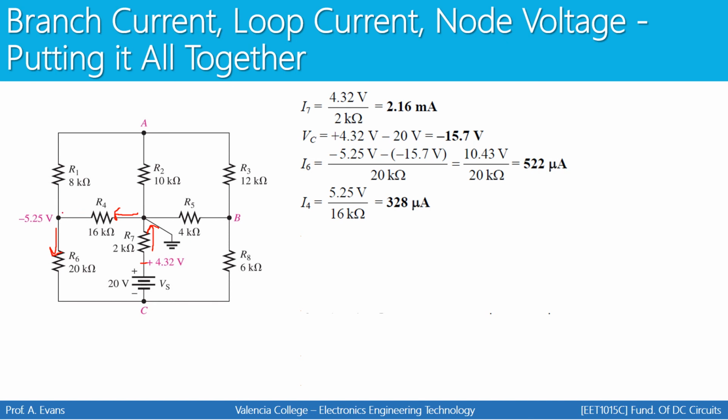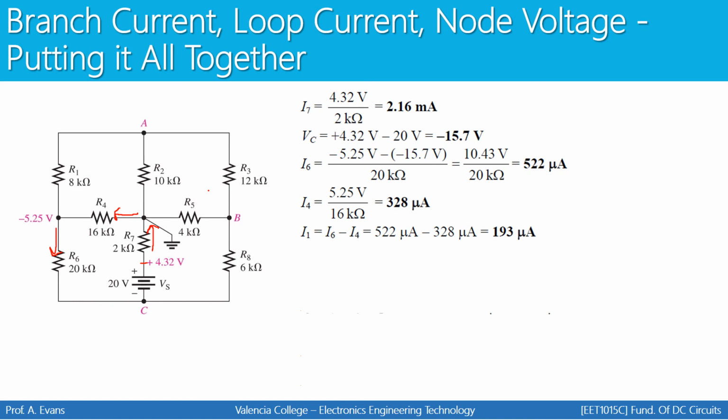Again, you could have just as easily decided to do the current this way as your initial assumption. Not a problem with that. Your answer just would have come out to be negative. And that still would be correct because it just reflects that your assumption was incorrect. So now we have I4, which flows into this node this way.